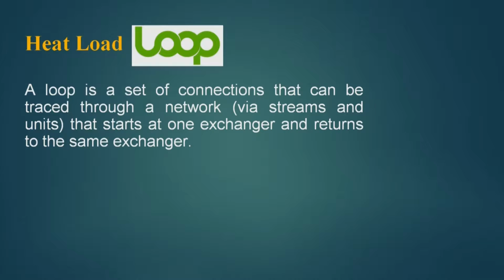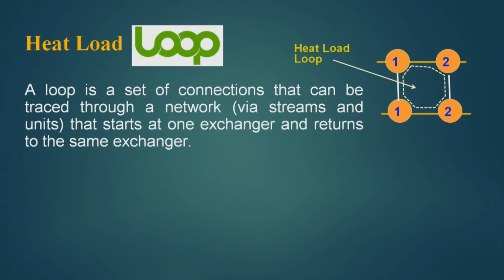Now, let us see the concept of heat load loops and heat load paths. Heat load loops. A loop is a set of connections that can be traced through a network via streams and units that starts at one exchanger and returns to the same exchanger.